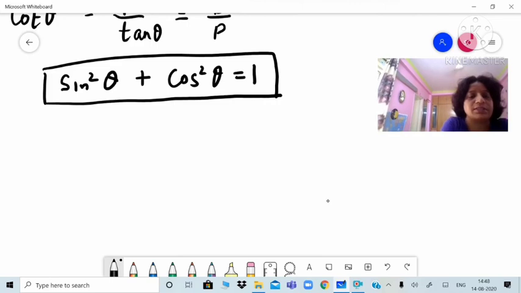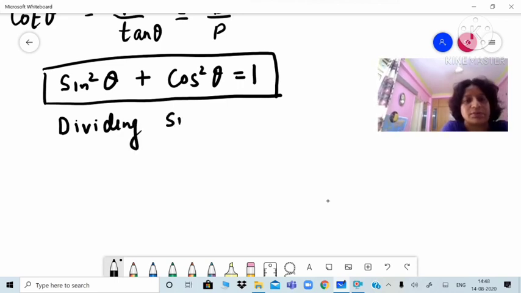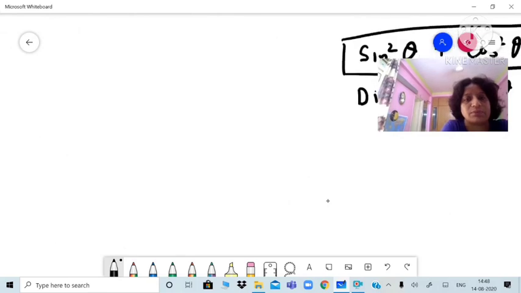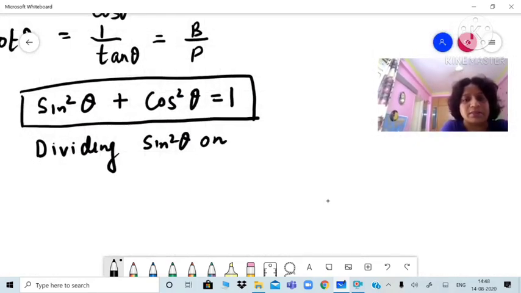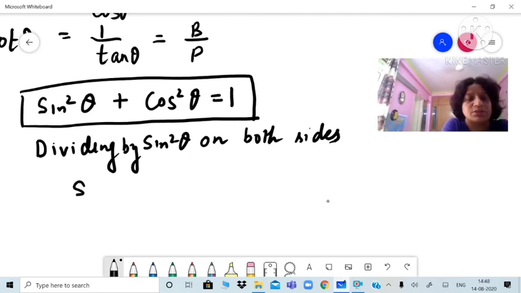So just divide by sine square theta on both sides. If we divide by sine square theta on both sides, we will be having sine square theta plus cos square theta, which gives you 1.